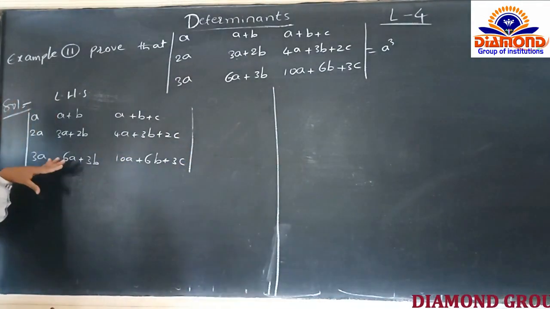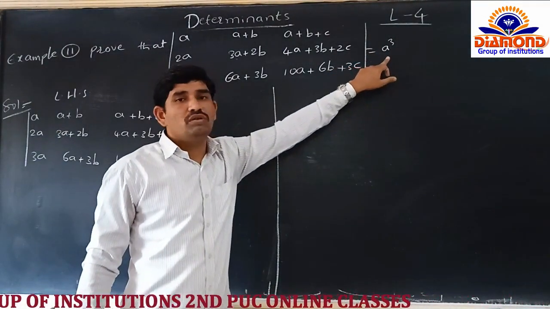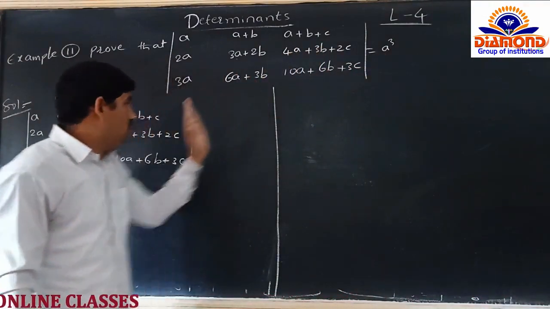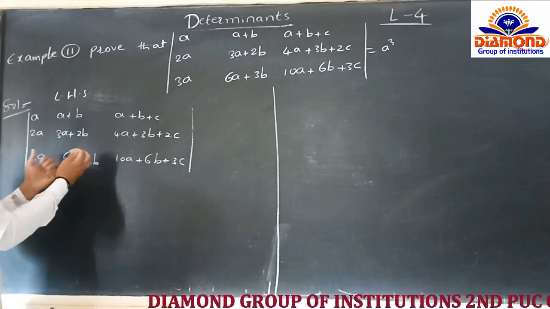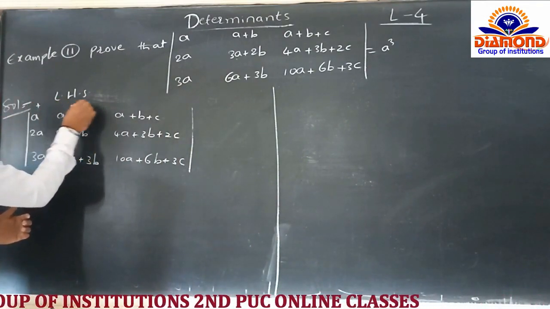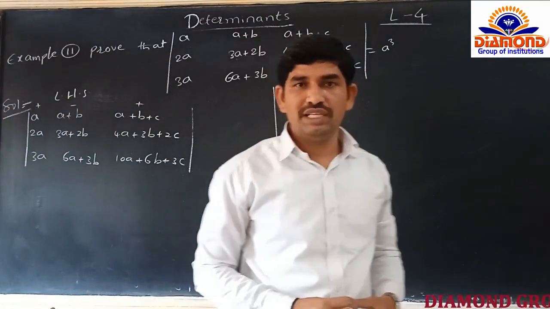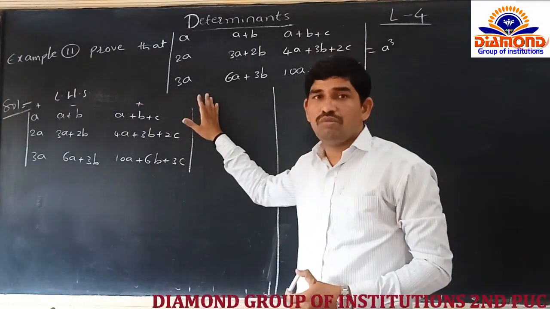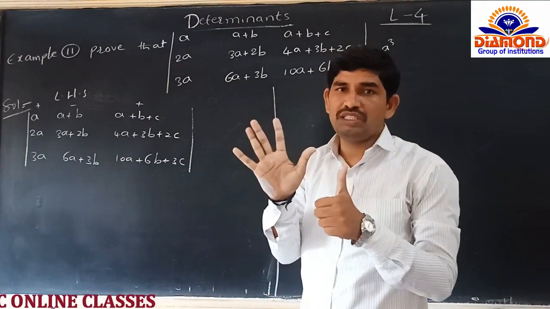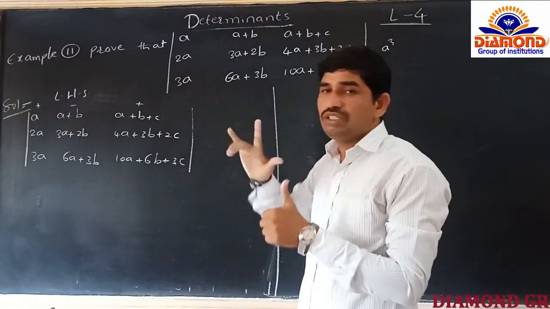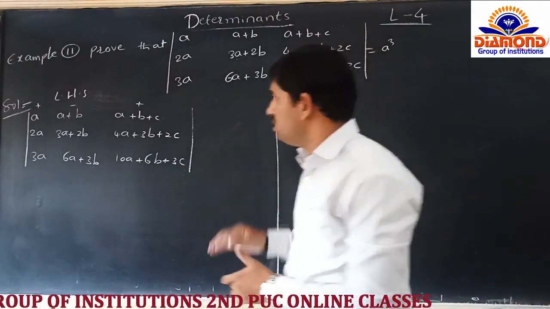So this is the determinant on the LHS, and we have to prove that it equals A cube. Without applying any operation, if we expand along R1, we will definitely get A cube. This example is related to property number 5 and property number 6, the last property we just completed.